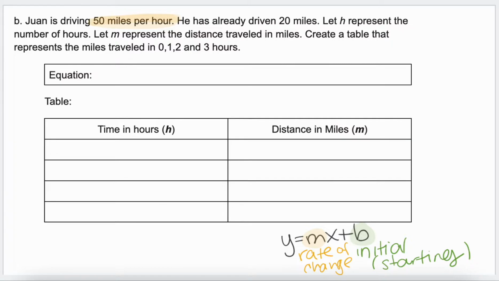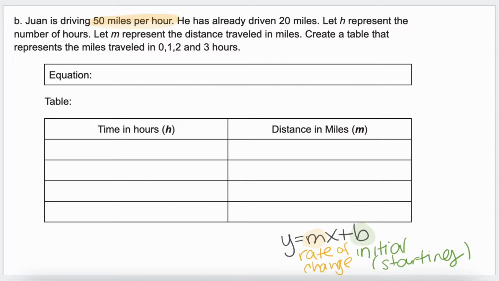So you spend $5 a day, or you spend $100 a week on gas, or you travel 100 miles in your car every month commuting to work. That's a rate, okay? So we see that word per. So we know that that's going to be our rate of change. That's going to be our M in our equation.